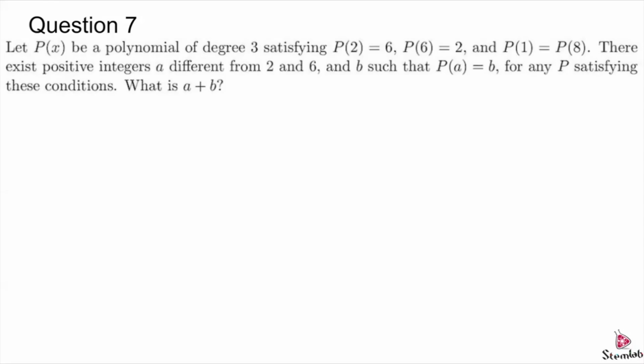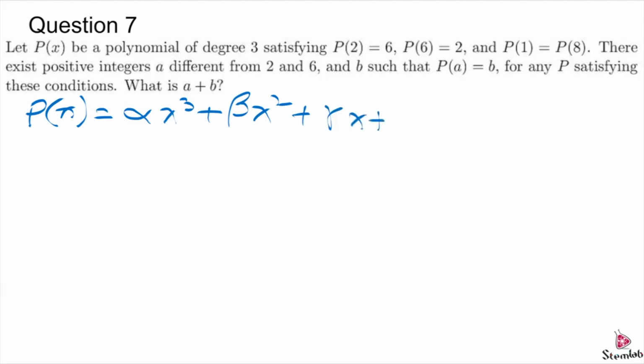I first tried letting p of x be equal to alpha x cubed plus beta x squared plus gamma x plus some other constant.